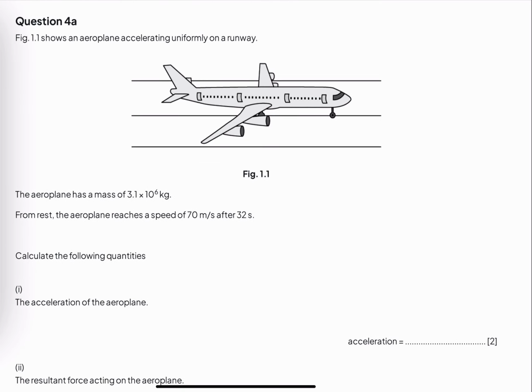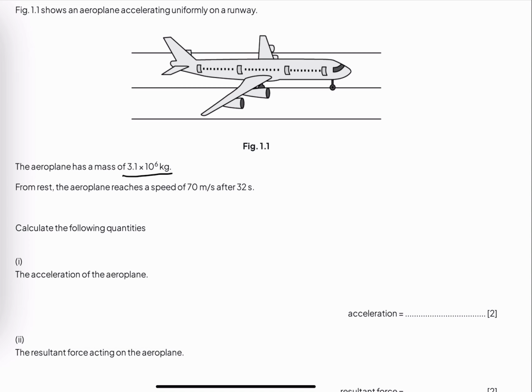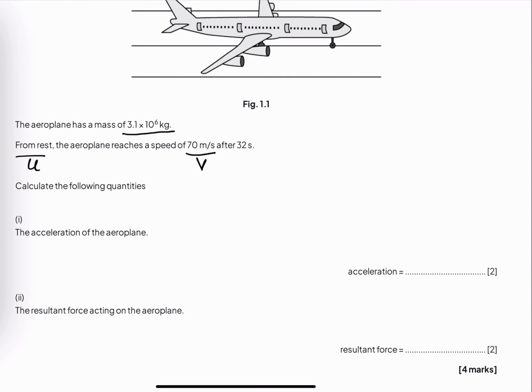In question 4a, it shows an aeroplane accelerating uniformly on a runway. The aeroplane has a mass of 3.1 × 10^6 kg. From rest, the aeroplane reaches a speed of 70 meters per second. From rest means u is the initial velocity, and this is the final velocity. Calculate the acceleration of the aeroplane.